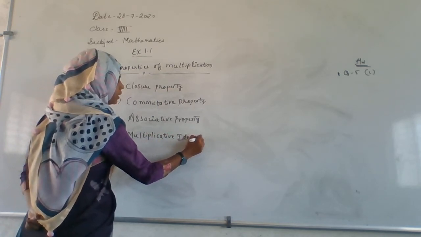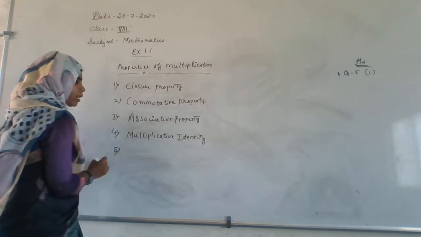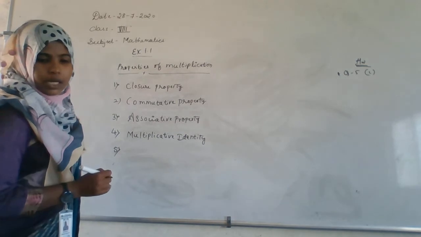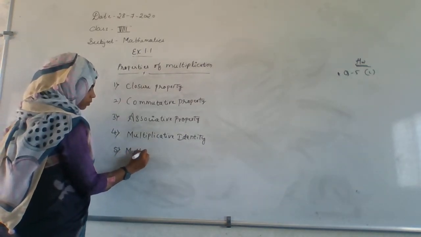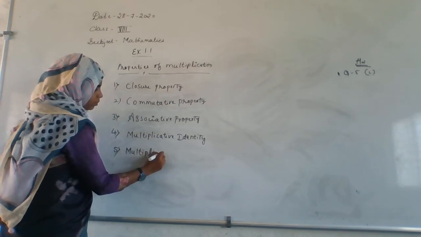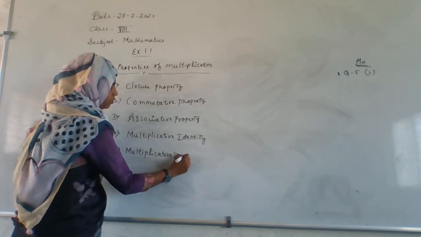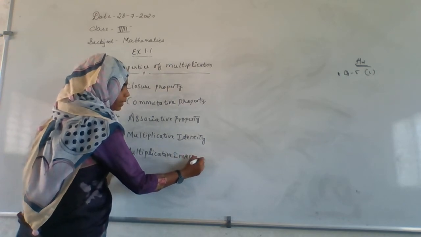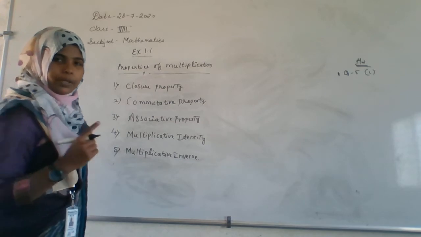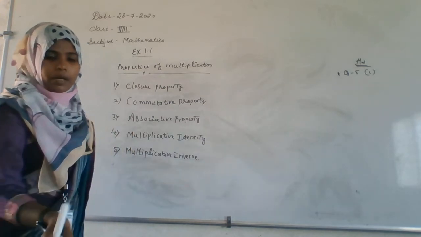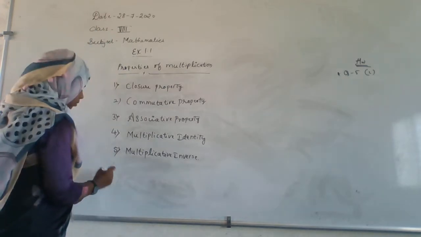The way you studied the additive identity in addition, it is the same in multiplicative identity. And the next one is the multiplicative inverse, also called the reciprocal property, the reciprocal of any number. And the next one is the distributive property.